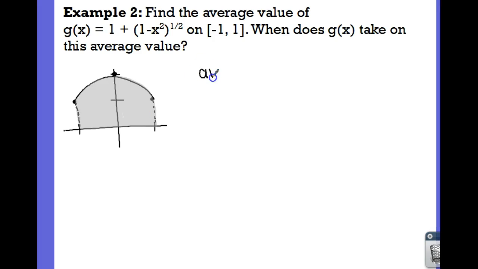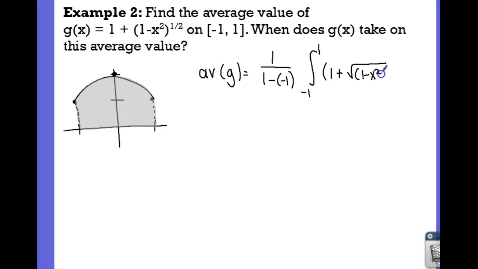So we can say that the average value of g is equal to 1 over b minus a, on the closed interval of a to b, of the function 1 plus the square root of 1 minus x squared.